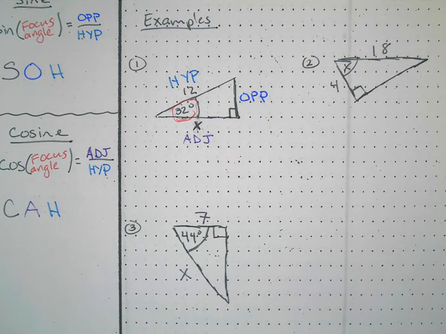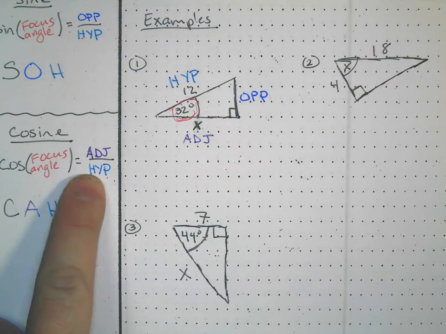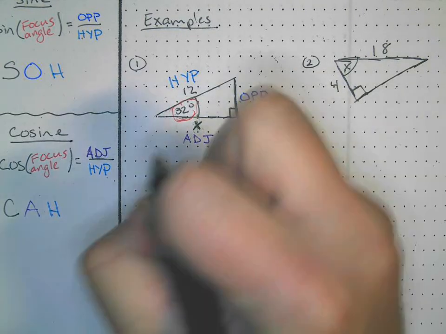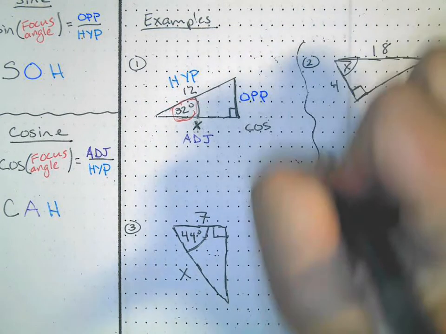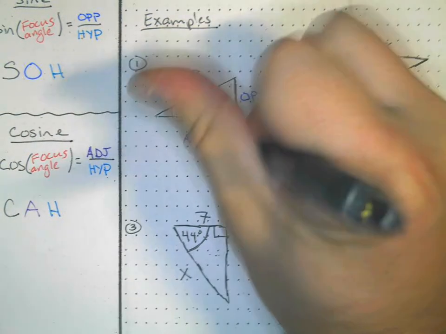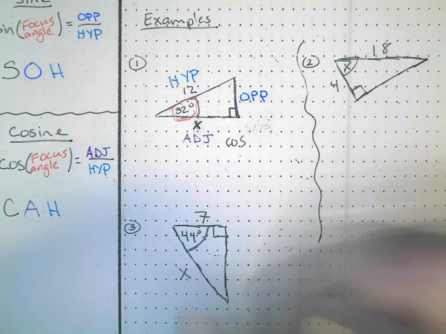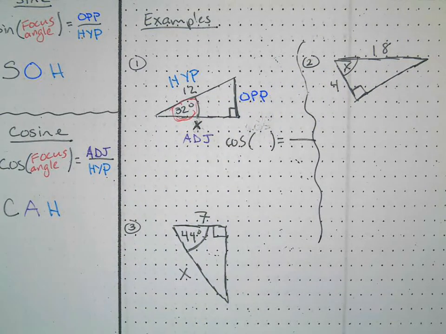And now that we have our triangle labeled, we can set up our cosine using this formula right here. Cosine of our focus angle is equal to adjacent over hypotenuse. So cosine of our angle is equal to adjacent over hypotenuse.